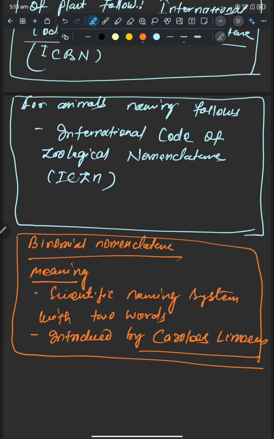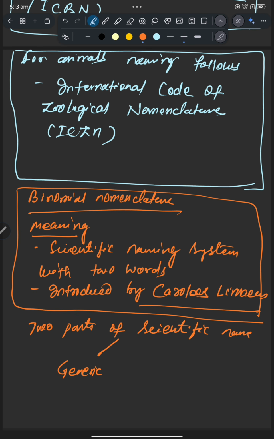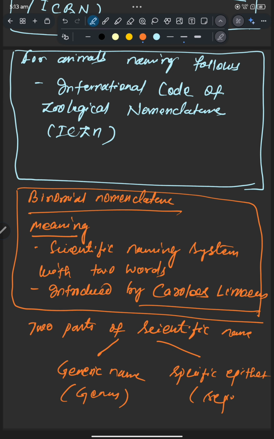Now, what are the two parts of the scientific name? One is the generic name, otherwise known as genus, and the other is the specific epithet, or species.